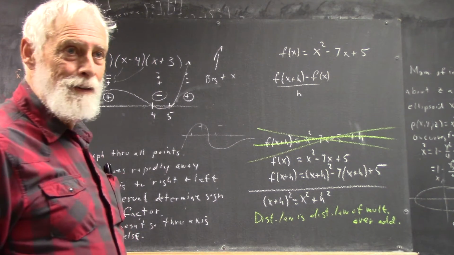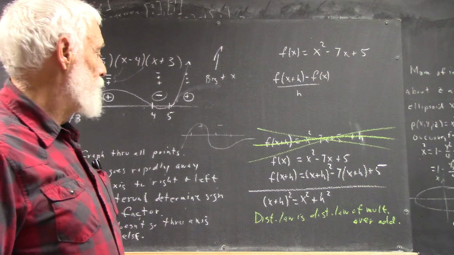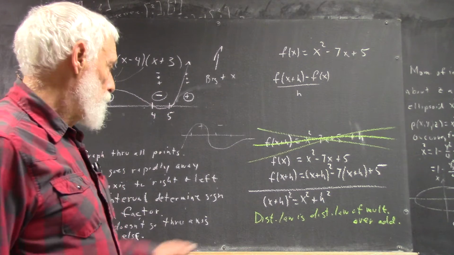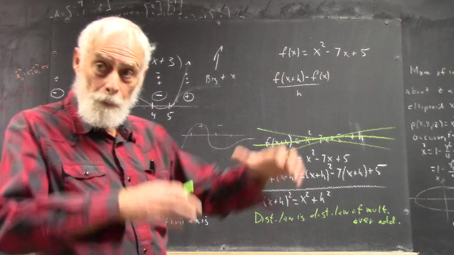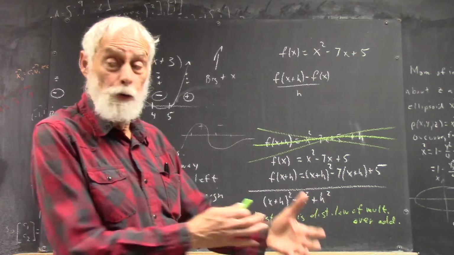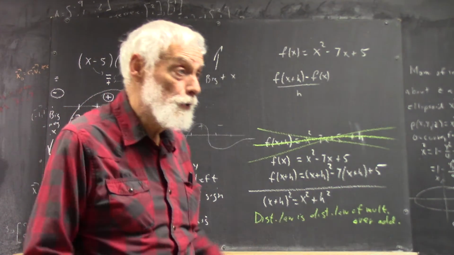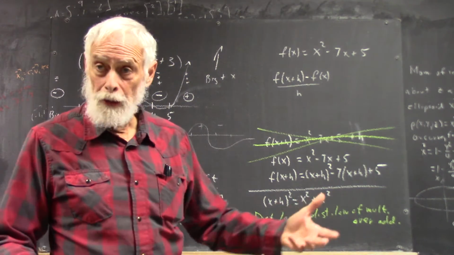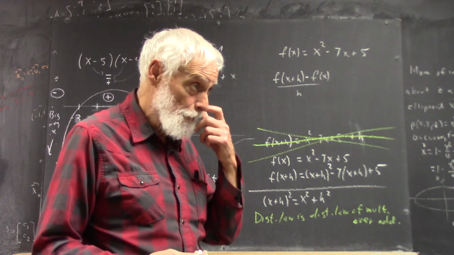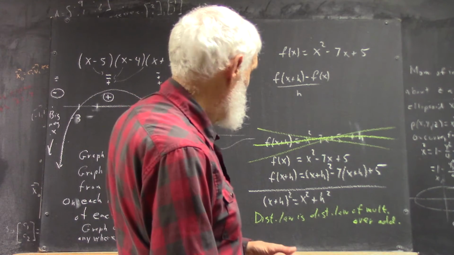It's not that anything that gets done to this thing can get distributed. It's that if you have a multiplication multiplied by a sum of things, you can distribute the multiplication over the additions, and subtractions, but subtraction is nothing but addition of a negative. So it works.